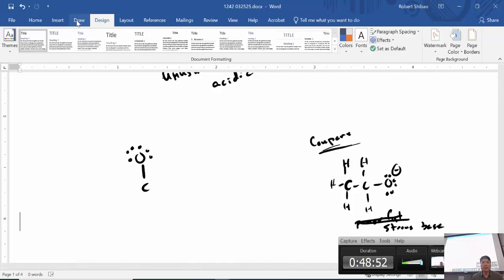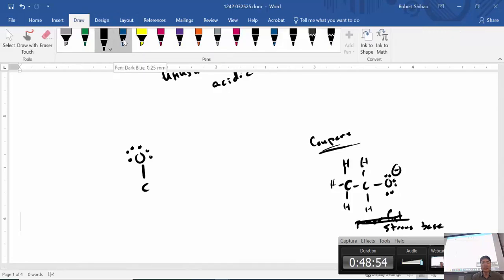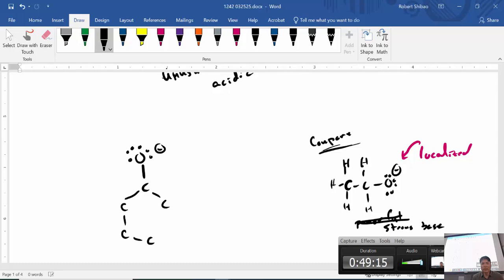What we say is that the negative charge is localized. However, in phenoxide, and I'm going to do something in organic chemistry, they often leave off the hydrogens, not because they aren't there.